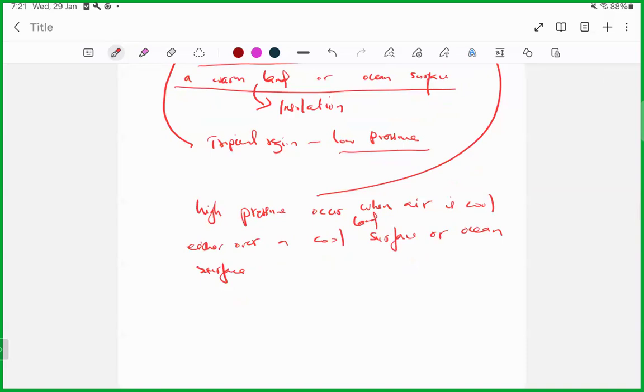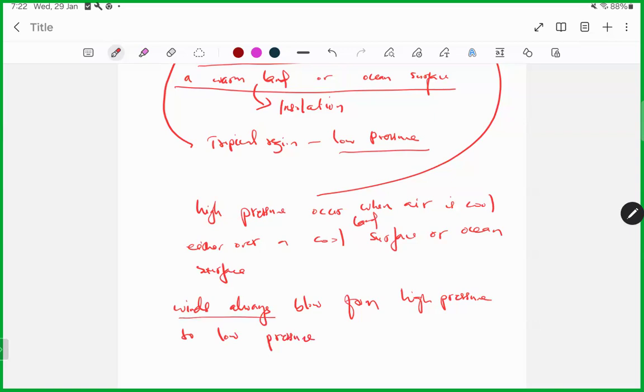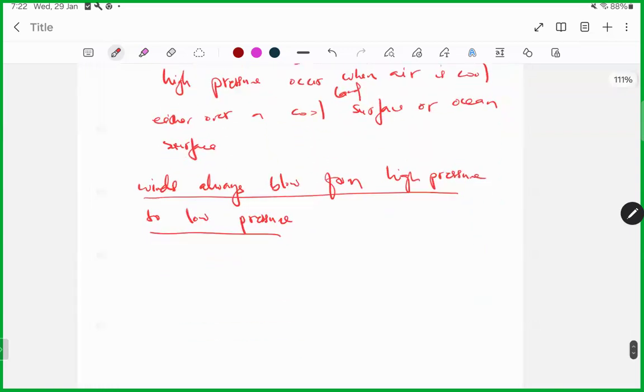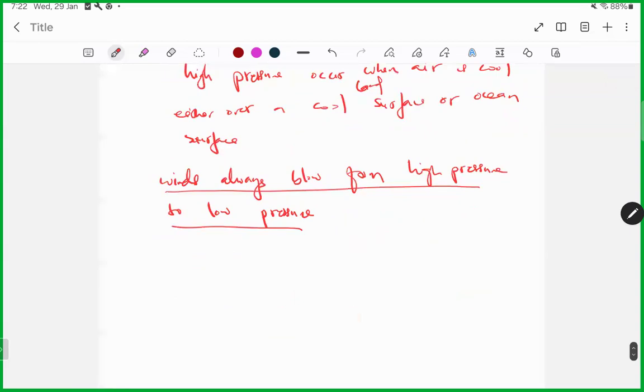We need to remember that winds always blow from high pressure to low pressure. Then when it comes to tropical cyclones or extratropical cyclones, we need to remember that winds always blow from high pressure to low pressure.